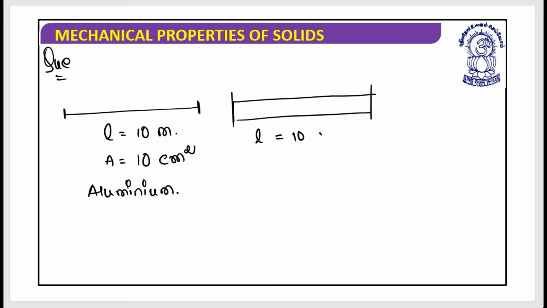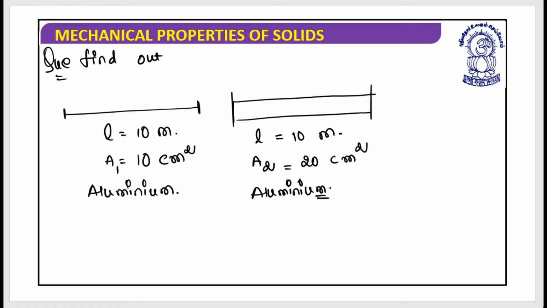This is again having a length of 10 meter, but its cross sectional area, let's call it A1, this is A2, is equal to 20 centimeter square. Again it has been made up from the aluminum. So the question is, find out the ratio of breaking stress of both the wires.